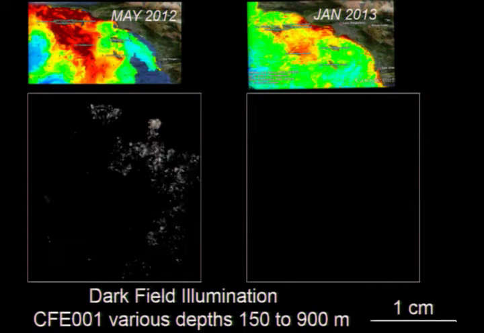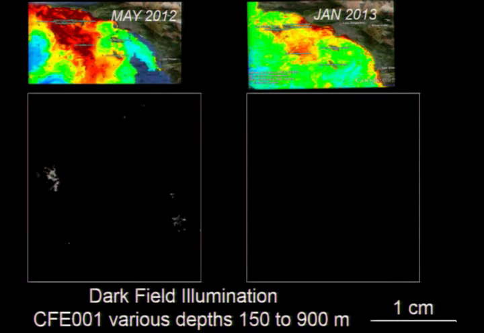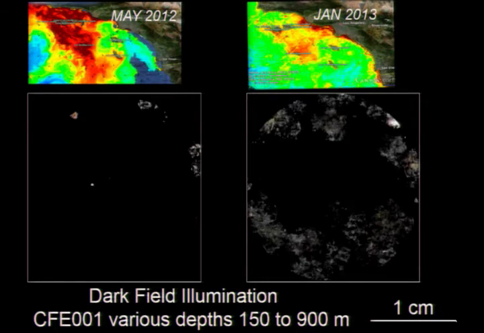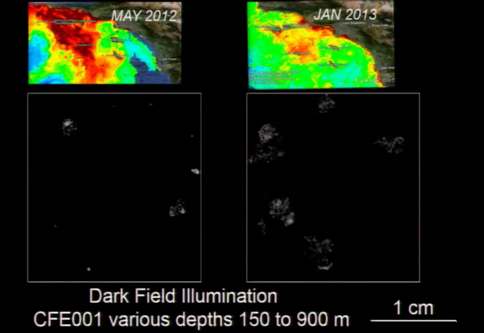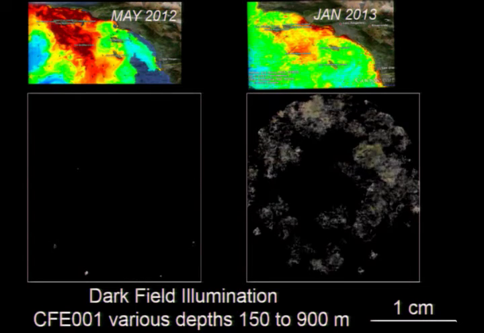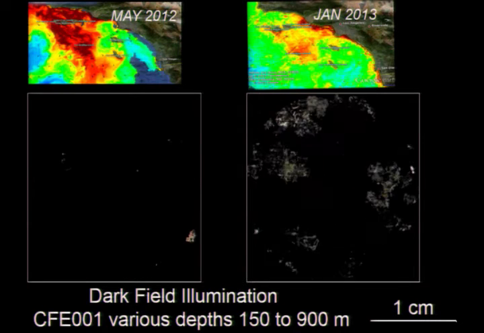So one of the questions is, how do we relate remotely sensed properties, such as chlorophyll? And by the way, this is the dark field illumination, and you can actually see the color of aggregates in 2 different seasons. And to me, this was an astonishing result.